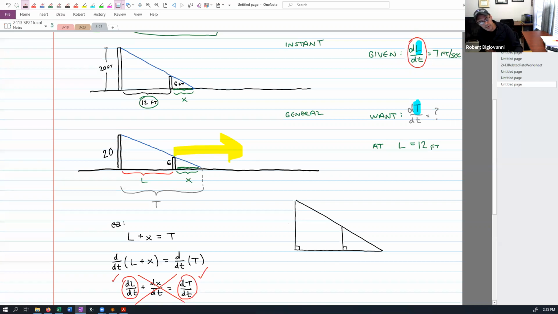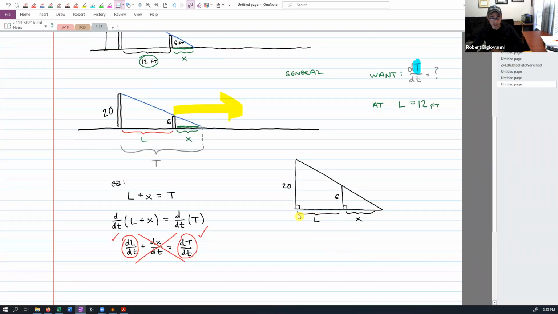We have a right triangle inside of another right triangle like this, where from here to here is L and from here to here is X, right? And then this entire side is T. And we also know that L plus X is T. We know that because if you add these two up, you should get T.